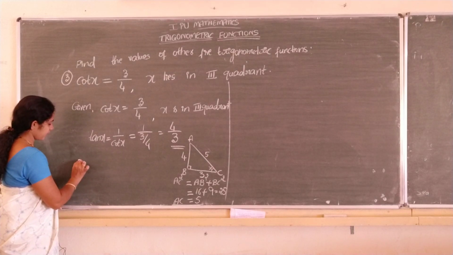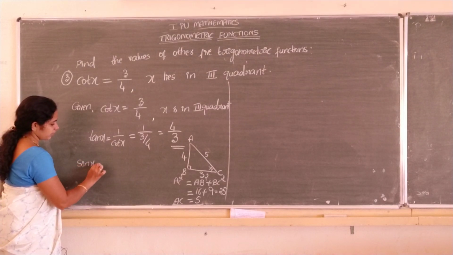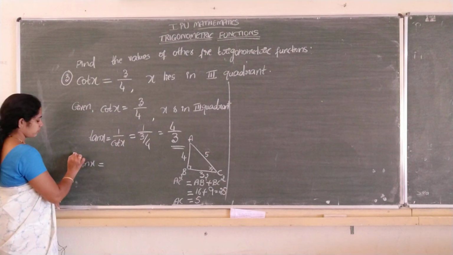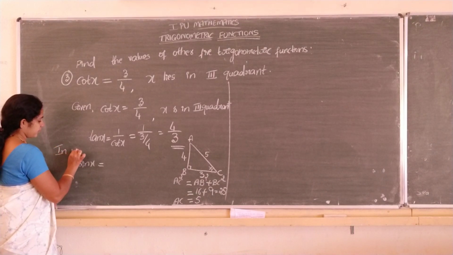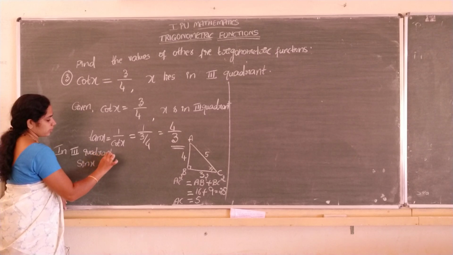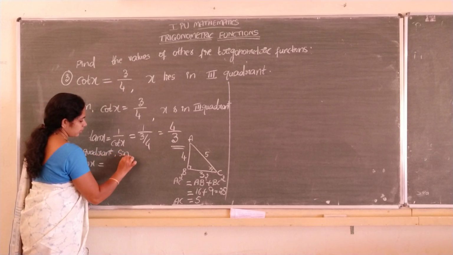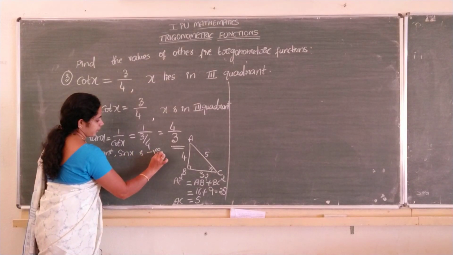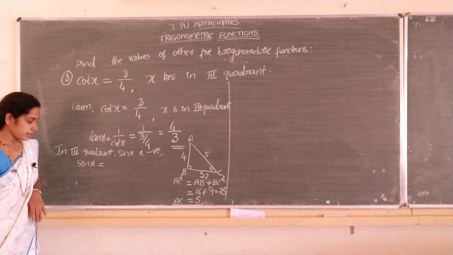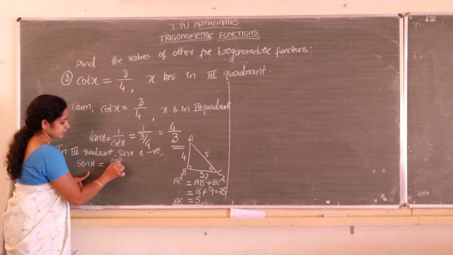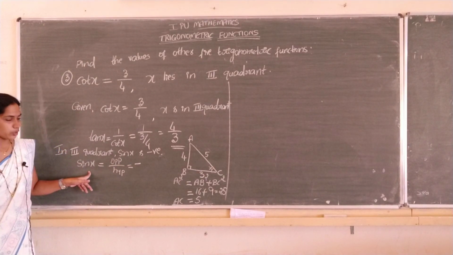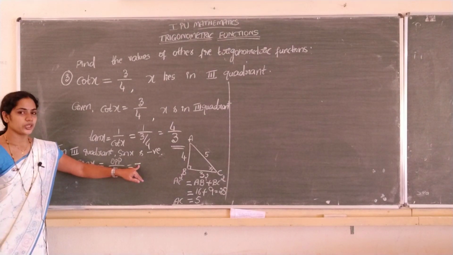Now we can define sin x. How can we define sin x? In the third quadrant, what is the sign? In the third quadrant, sin x is negative. Sin x is opposite by hypotenuse, and since sin x is negative in the third quadrant, we have to put a minus sign.